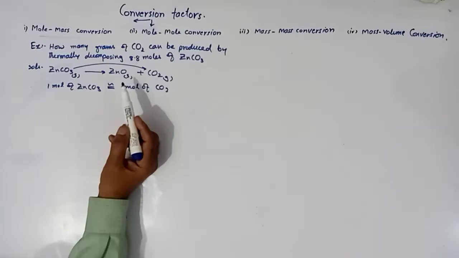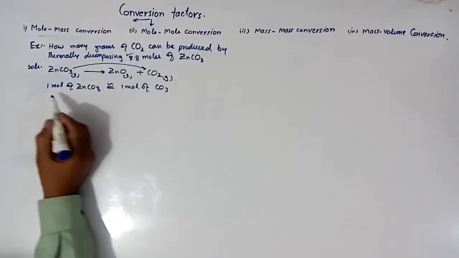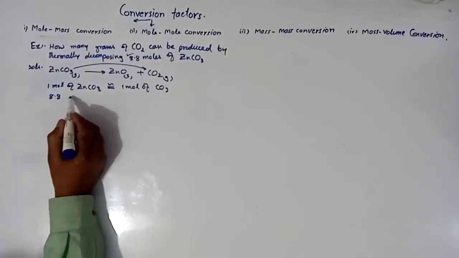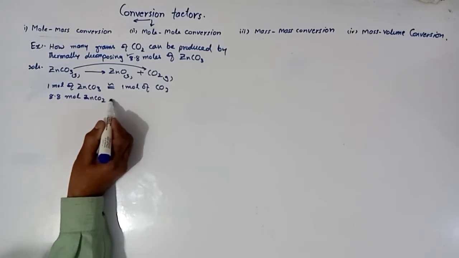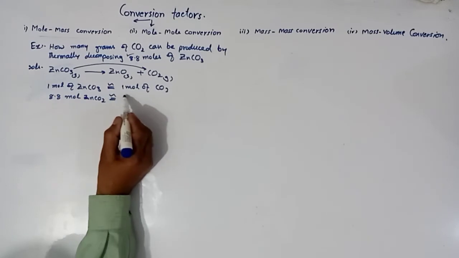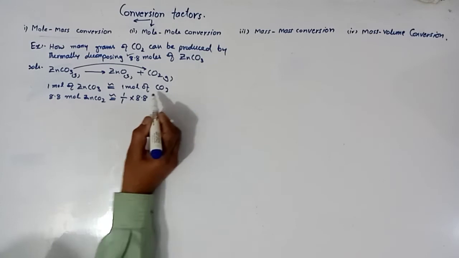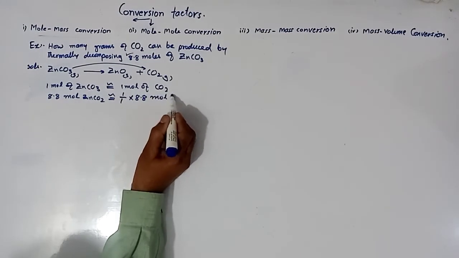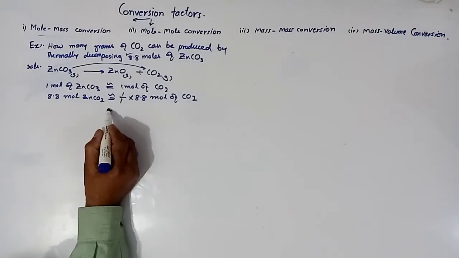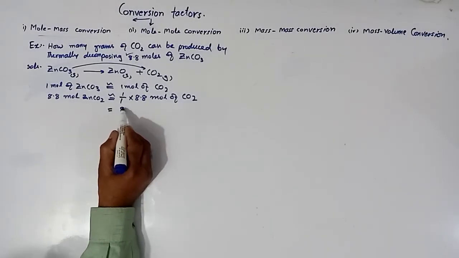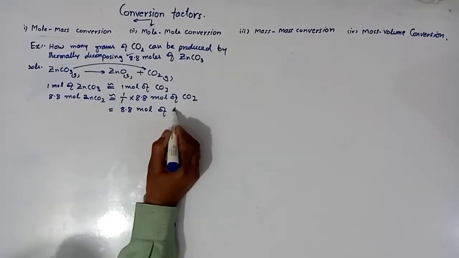So 8.8 moles of zinc chloride will approximately give 1 over 1 into 8.8 moles of carbon dioxide. So the total value will be 8.8 moles of carbon dioxide gas.